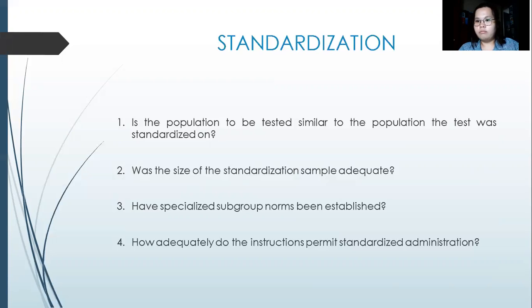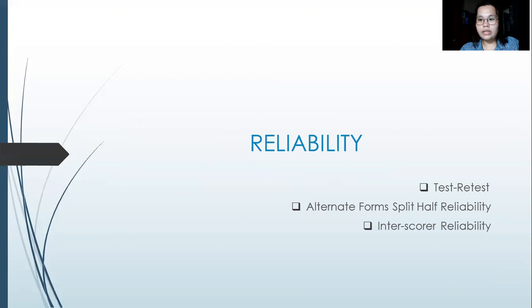For example, ethnic group, minority group. Was the test standardized enough for the test taker? Okay, kailangan ito kasi the test needs to be useful to the test taker. Okay? Next naman, reliability.